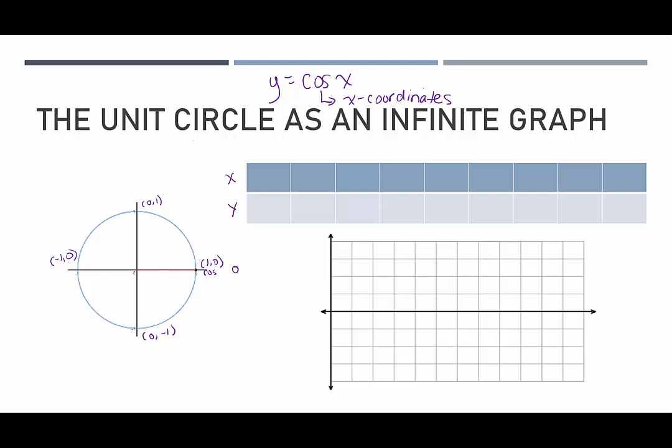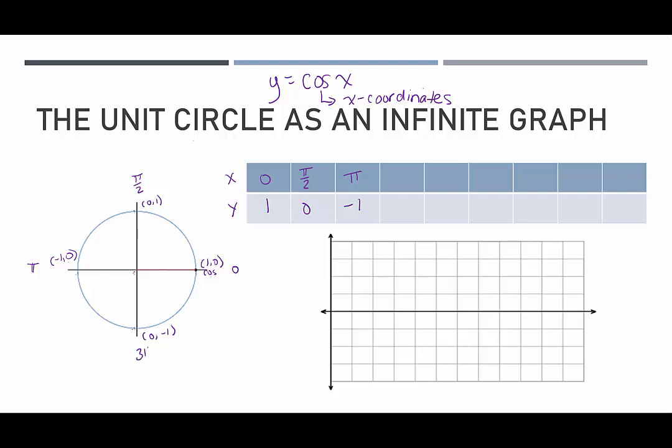So here we have 0. This means we're going to do cosine of 0, and cosine of 0 will be the x coordinate. Cosine of 0 is 1. Going up here to pi over 2. Cosine of pi over 2, so next we're plugging in pi over 2 for x, would be the x coordinate 0. Going around to pi, if we take cosine of pi, that would be the x coordinate -1.